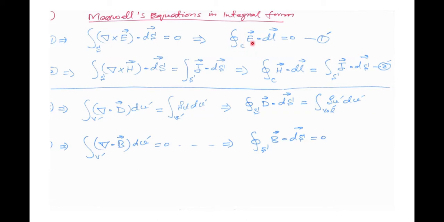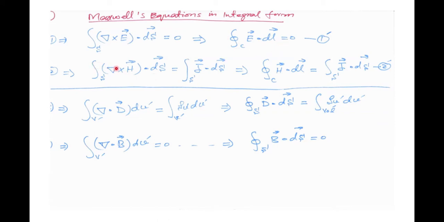That is, the contour integration of electric field around any closed path is equal to 0. This is actually the representation of the Kirchhoff voltage law in field theory, which we have now denoted by equation number 1 prime. This is the integral representation of the first Maxwell equation. Later you will see how to modify this equation for time varying field.